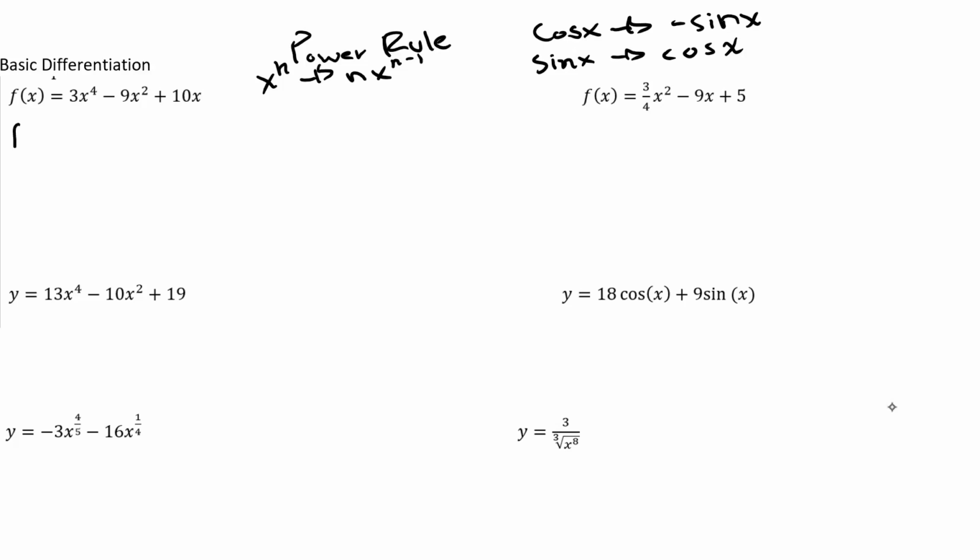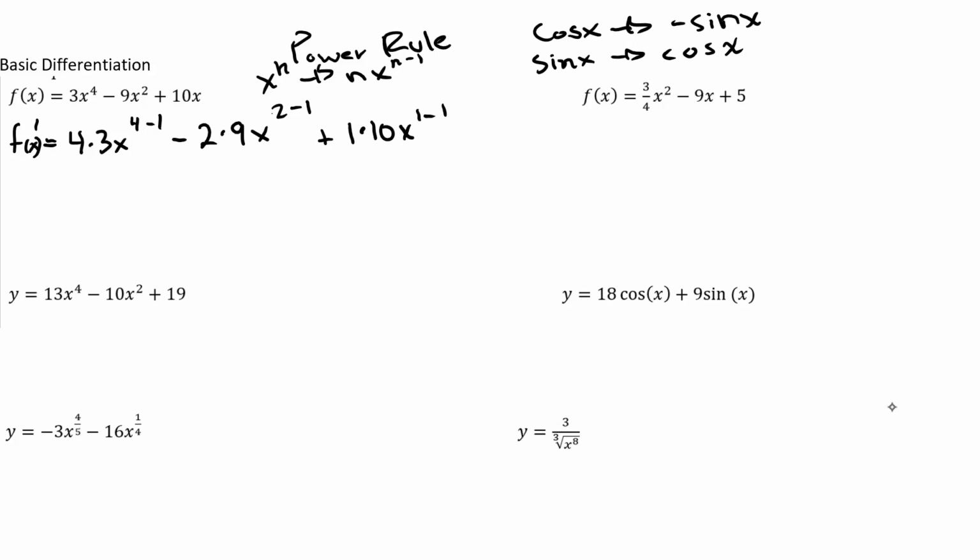So my exponent in the first term is 4, so I've got 4 times 3, x to the 4 minus 1, minus 2, my exponent times 9, x to the 2 minus 1, plus 10, it's 1 times 10, my exponent on the x is 1, x to the 1 minus 1.